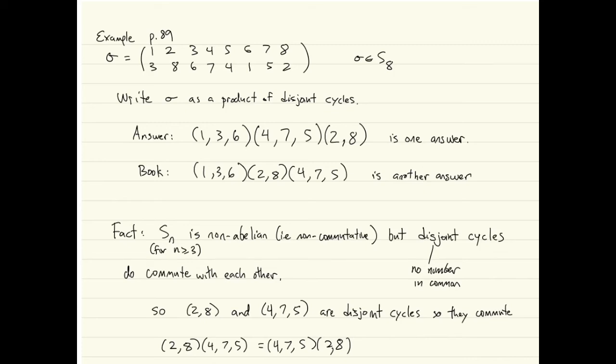Okay, so we start off by opening a cycle, beginning with 1, and ask what does 1 go to. Well, 1 goes to 3, so then we write down 3. Then ask what does sigma do to 3. Sigma sends it to a 6, so write 6.